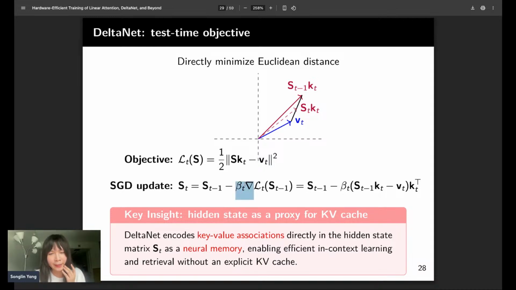So this beta t here is the learning rate from the perspective of online gradient descent. In the previous context, this beta t is the writing strength, controlling how much information we want to preserve for the historical associated value, and how much new information we want to use for the new incoming input value. So here we can recover the Delta Net update rule.